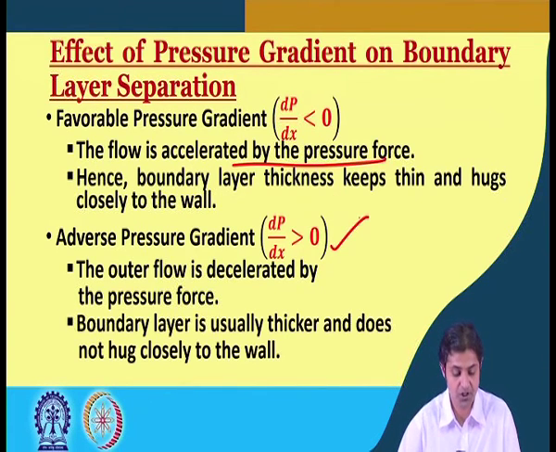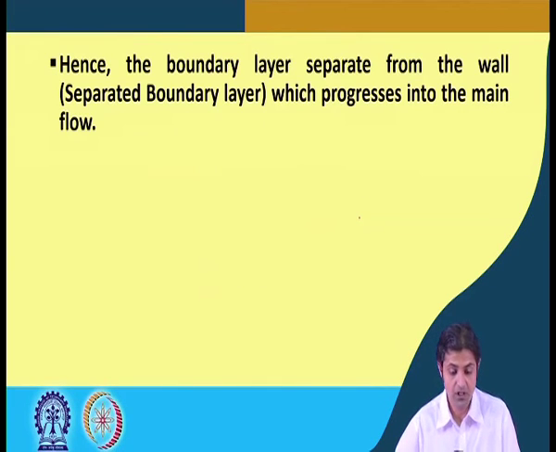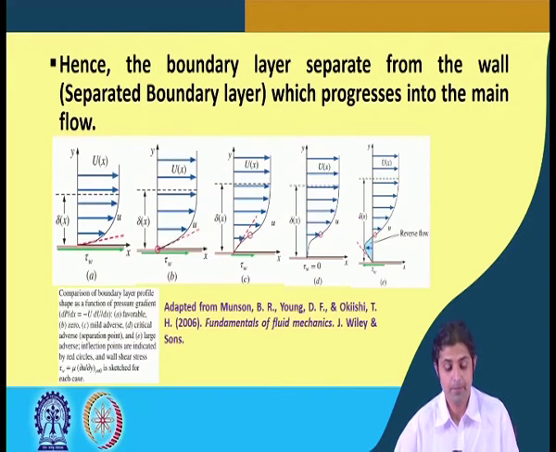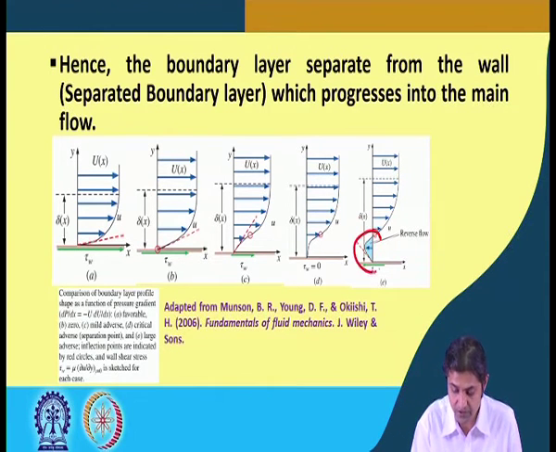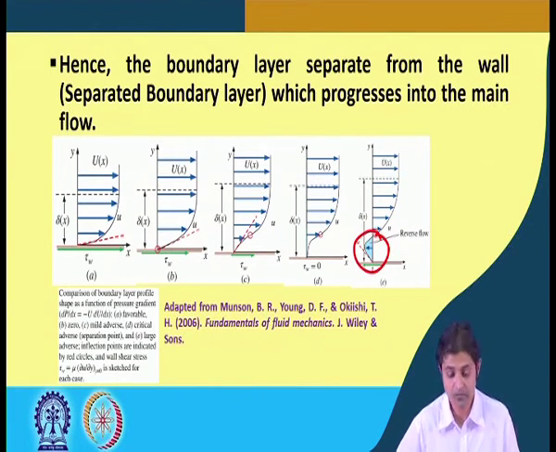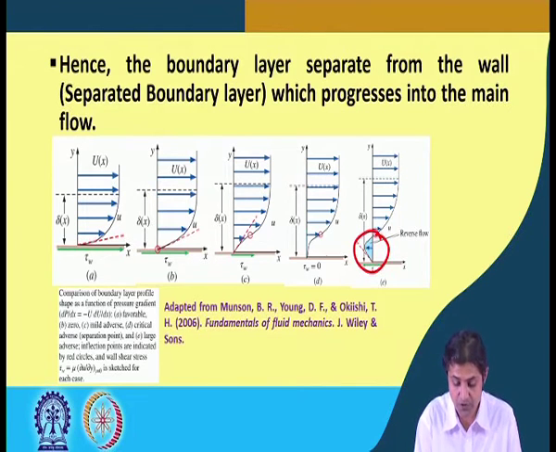In that case, the boundary layer is usually thicker and does not remain very close to the wall. Therefore, the boundary layer separates from the wall, progressing into the main flow, and this is the flow reversal. You see, this is the point of separation.